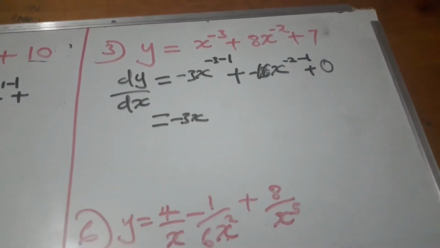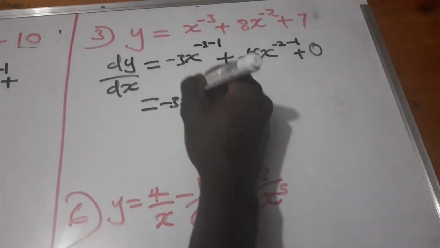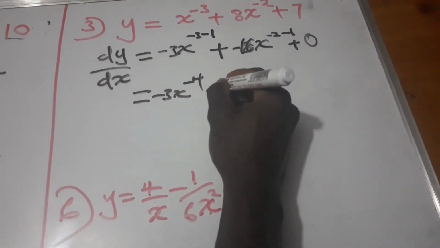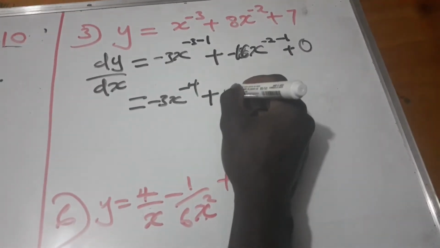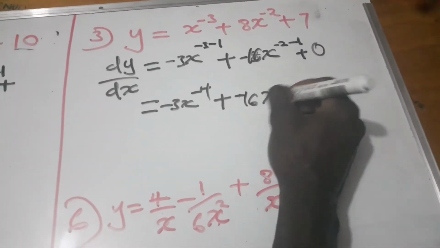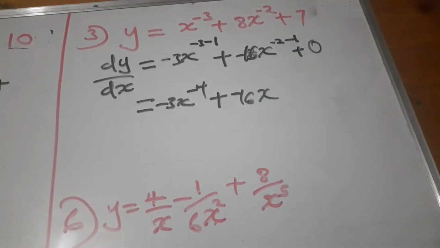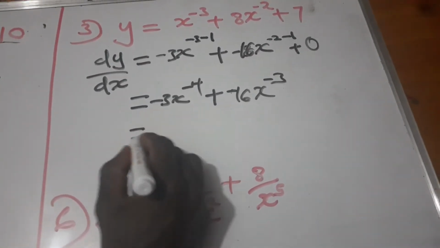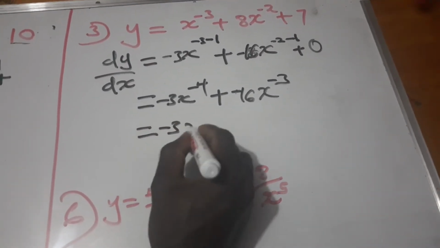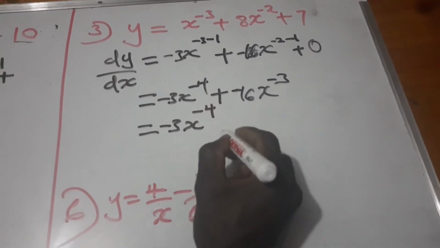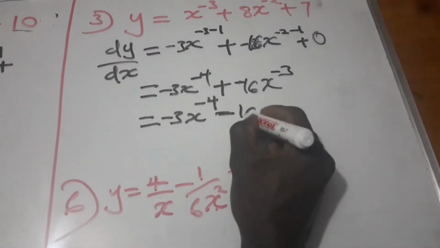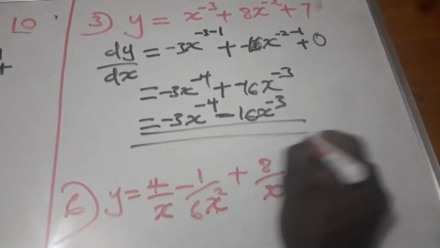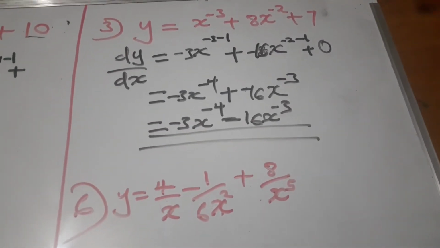Remember, negative 3 minus 1 is going to give us negative 4. And then plus negative 16x. Remember, negative 2 minus 1 is going to give us negative 3. This can be further written as negative 3x raised to power negative 4 minus 16x raised to power negative 3. There you have it. We've differentiated that figure.